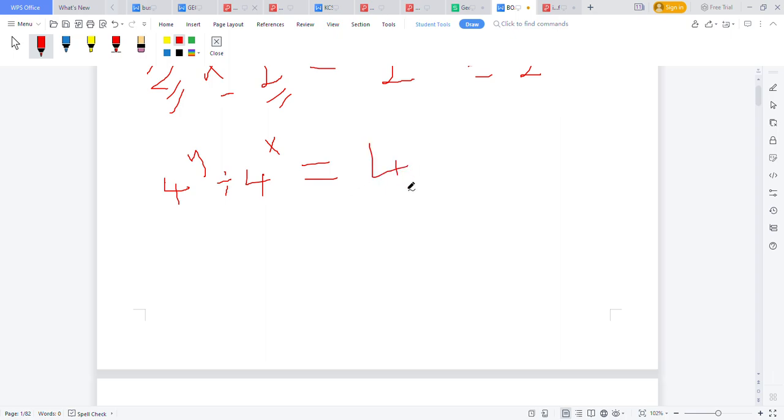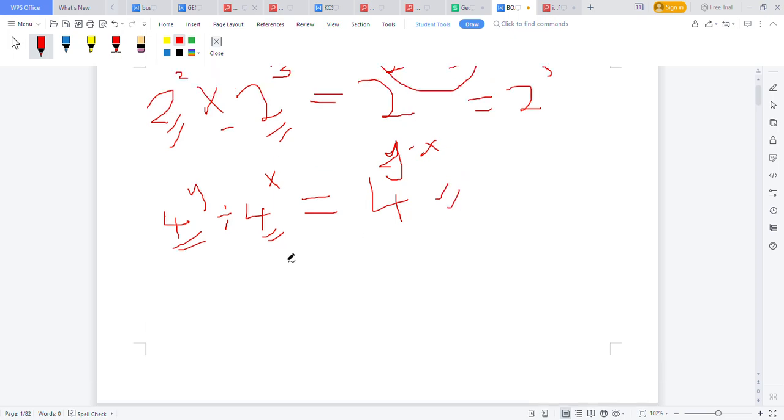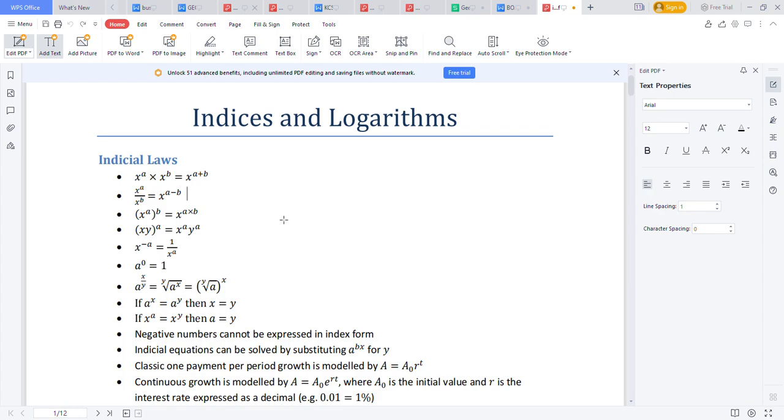We're going to have 4 raised to power y minus x. So if you are dividing with the same base, we simply subtract the powers. So that is what we have said as law 2.